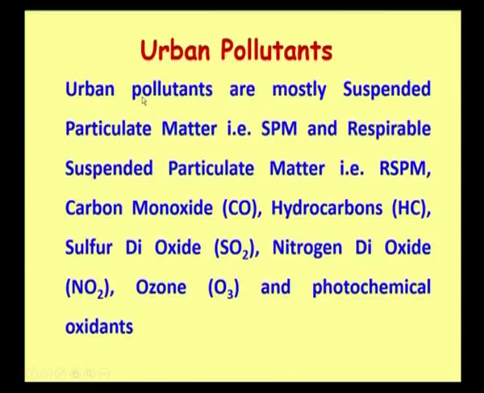And the urban pollutants. These are all the urban pollutants: the suspended particulate matter SPM, carbon monoxide, hydrocarbons, sulfur dioxide, nitrogen oxides and ozone. One thing that is very clear is that wherever automobiles are there, sulfur dioxide is present, and carbon monoxide and carbon dioxide are present.